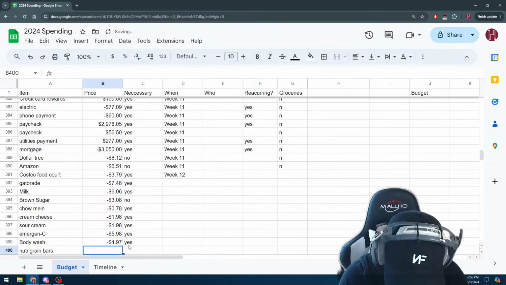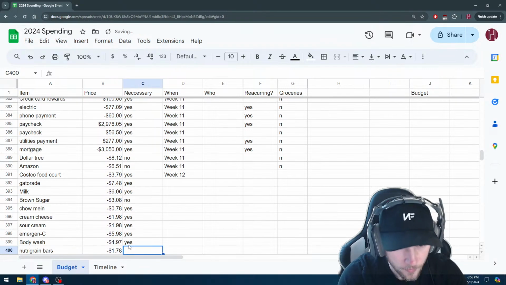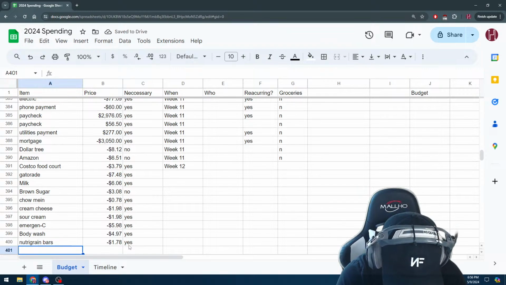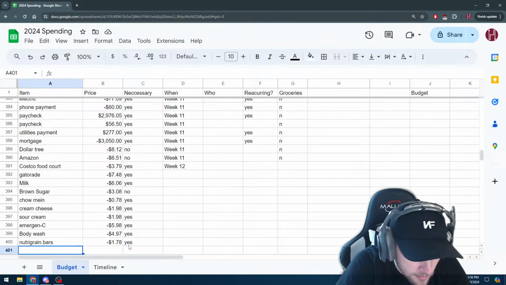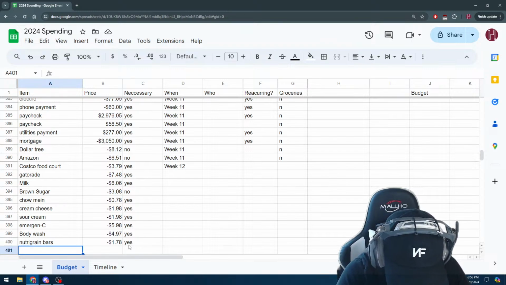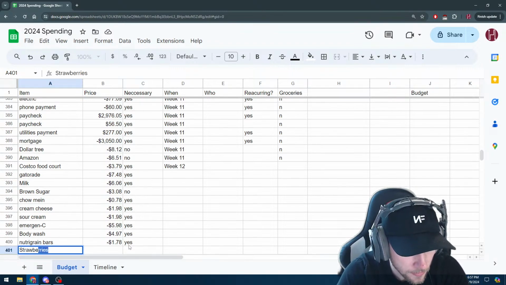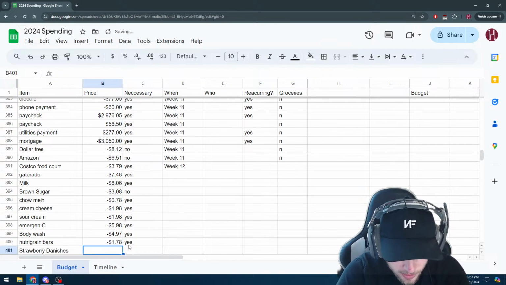Nutrigrain bars, it looks like, at 178. A lot of these things, since my wife's pregnant, we're putting down as necessary. It might not seem necessary a lot of the time on a bunch of snacks, but what are you gonna do? Like strawberry danishes.